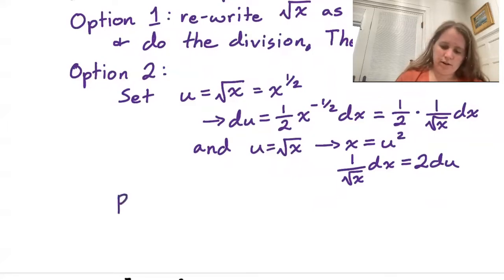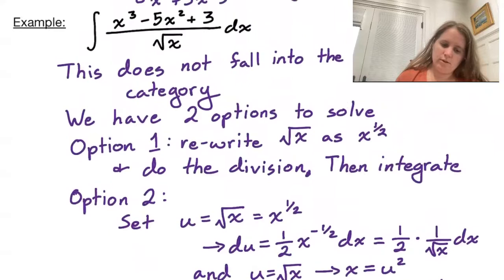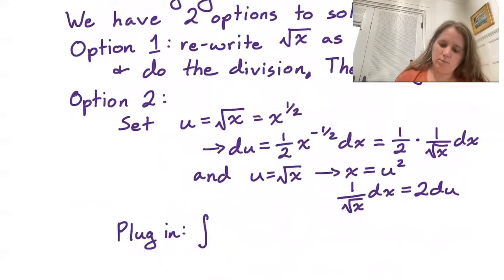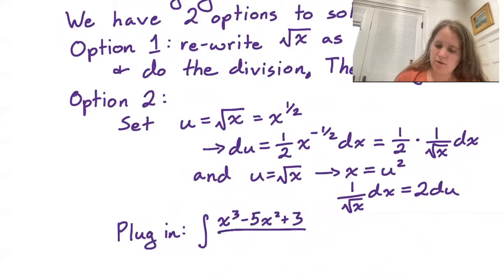From here, we can go ahead and plug in. So we have the integral of, the original was x cubed minus 5x squared plus 3 over square root x dx.